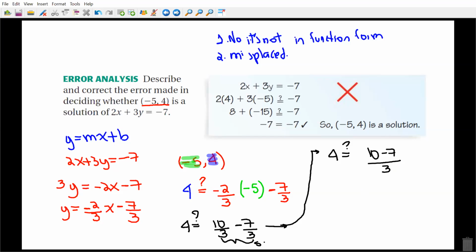They're the same, right? So is 4 going to be equal to 3/3? Well, no, guys. 4 is different from 1. Okay? Any questions, guys? No questions? No questions, guys?